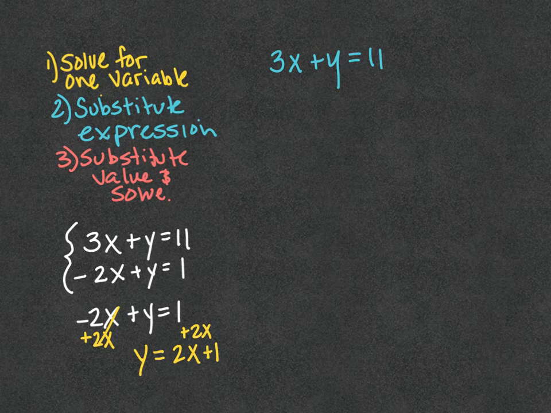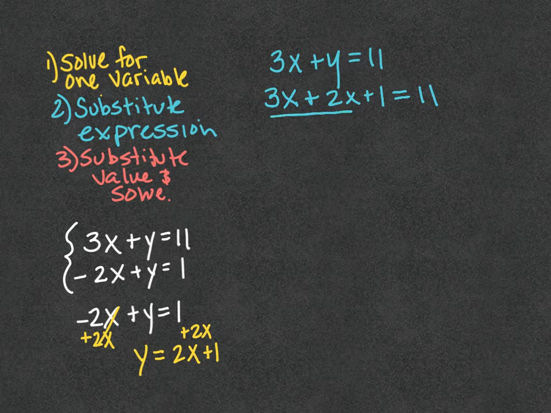So I'll rewrite it: 3x plus 2x plus 1 equals 11. And now I use my skills that I've had. I can marry my like terms. 3x plus 2x equals 5x. Did that. Bring down what you didn't do. This is why I always just do one step, bring down what I didn't do.